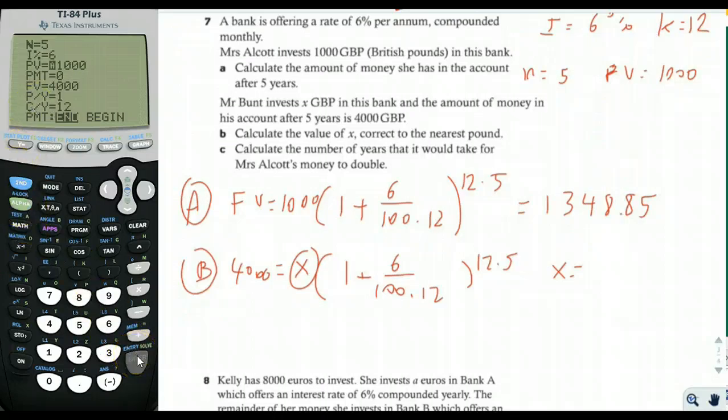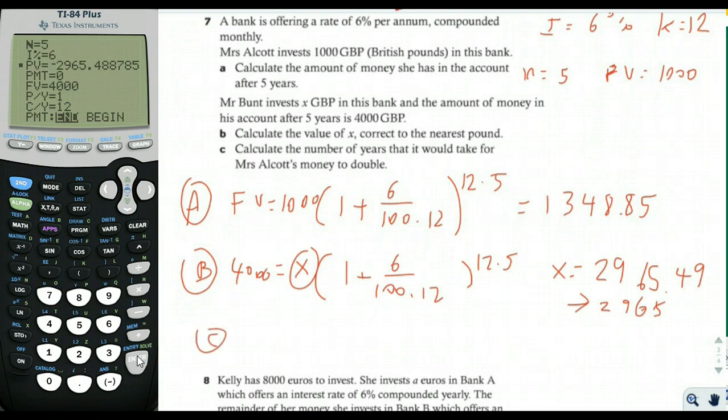So to find out X, we do alpha, enter, and we get that his X was 2,929.6549. And it said correct to the nearest pound, so we could put 2,929.65. All right. Part C.